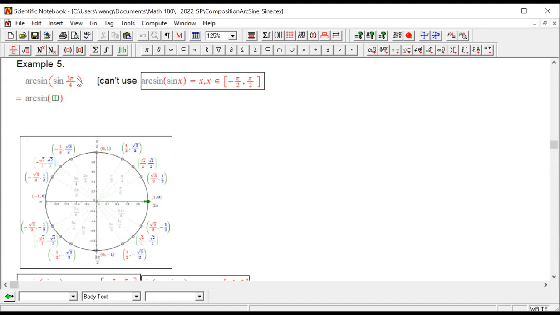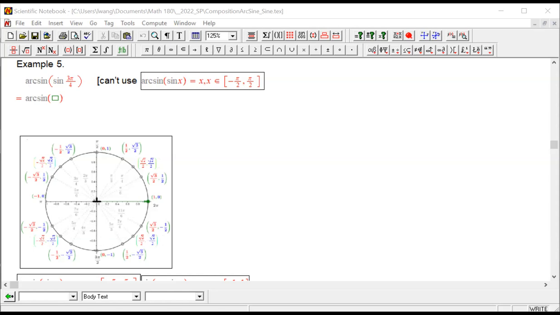So 3 pi over 4. We first deal with the inside: sine 3 pi over 4. Why do we mention ARD? Because we're talking about any situation. It doesn't have the special angle. In the case it's not a special angle, you will handle it the same way.